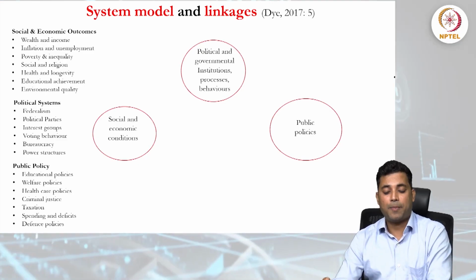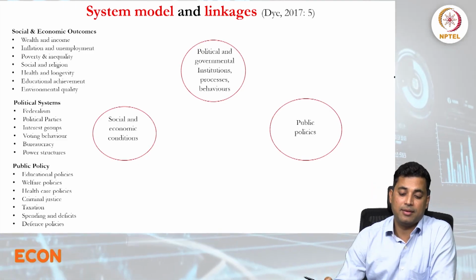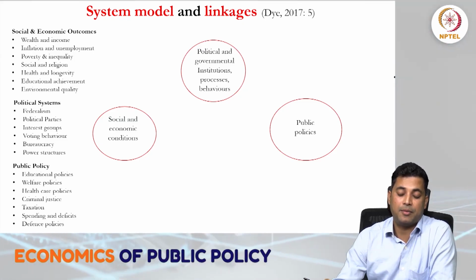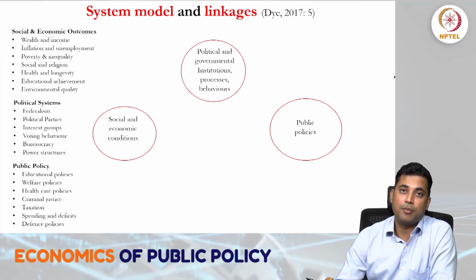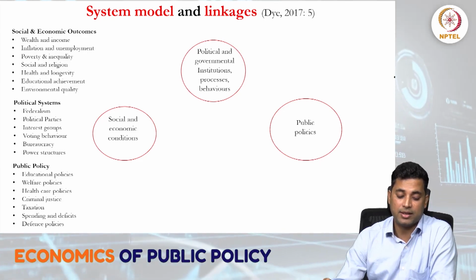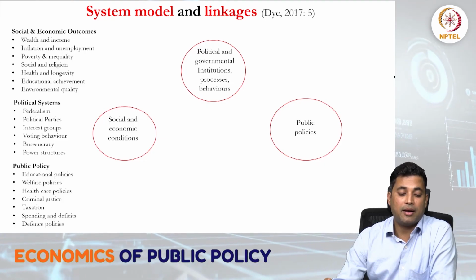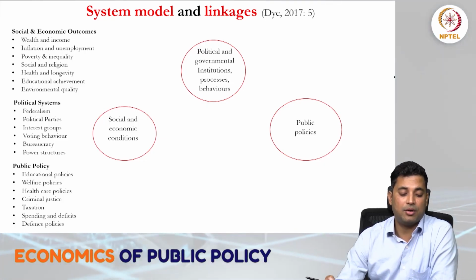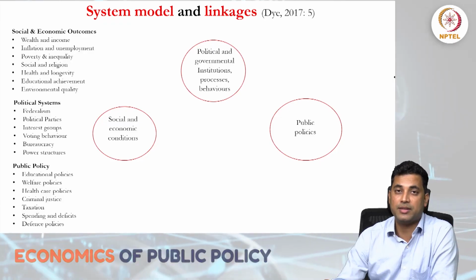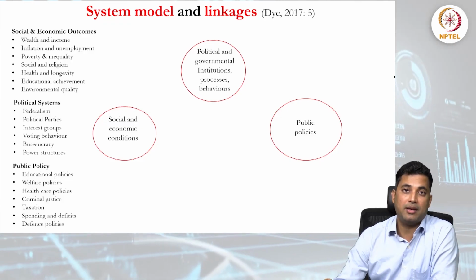So if I want to place this within a framework, I have taken from Thomas R. Dye's system model, what he calls it. What I would like to highlight here is that social and economic outcomes, political systems, and public policies are not playing in isolation.